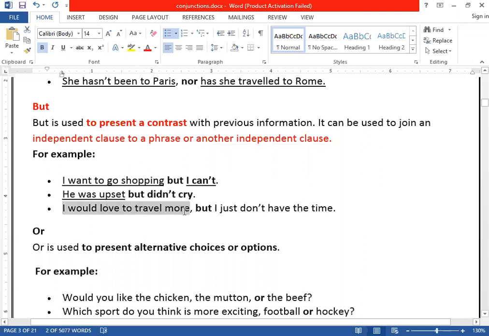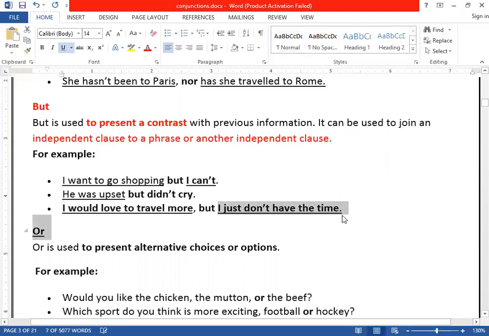I would love to travel more, but I just can't. Can you see here? In this one we have connected two clauses. I told you in the beginning that but can be used to connect two clauses or to connect a phrase with an independent clause.